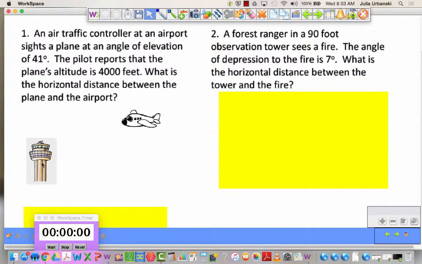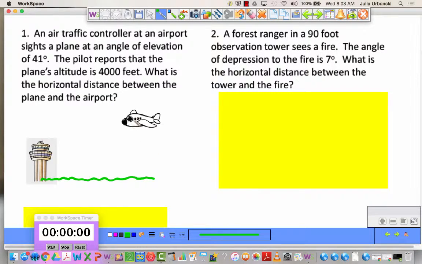Okay, so he's in this tower, he's basically on the ground, he's looking at the airplane. Alright, so you just have to draw the situation, and remember, we're dealing with triangles. So your situation is going to form a triangle. And remember what I said last time, if you're not good with really drawing items, you can use the words.